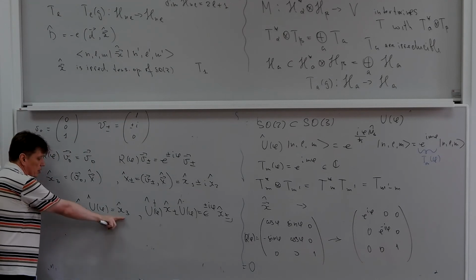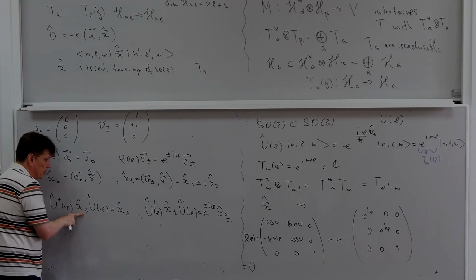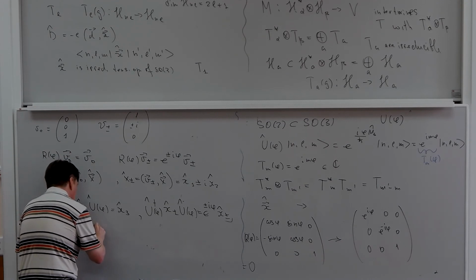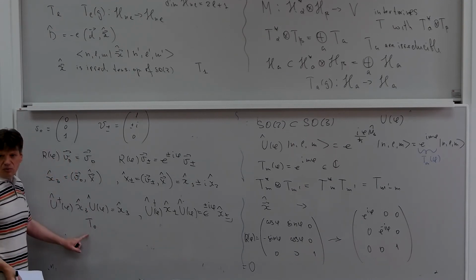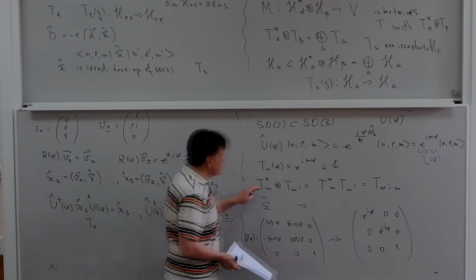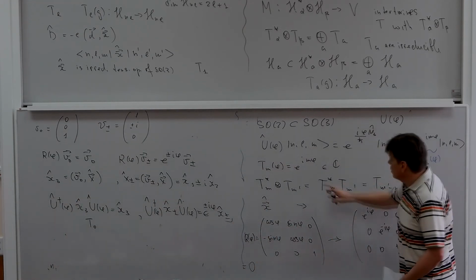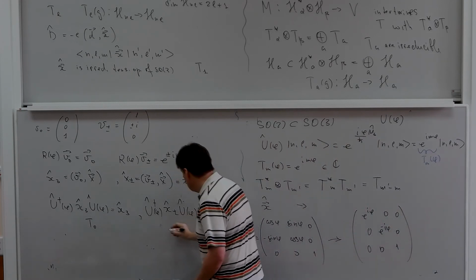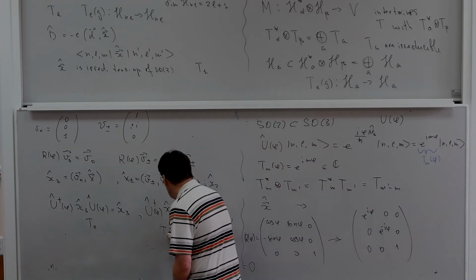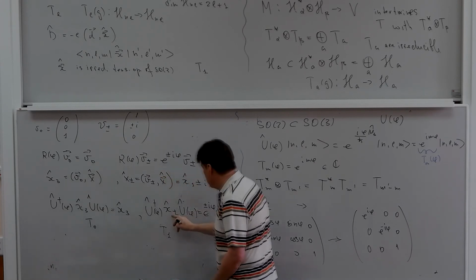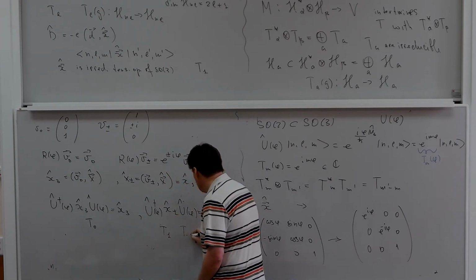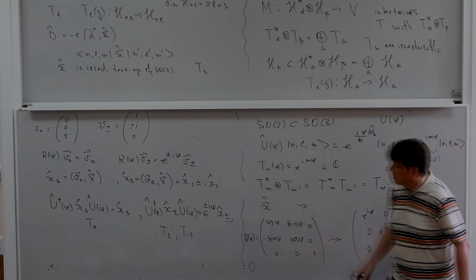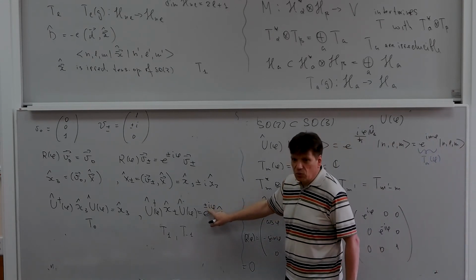So this operator x3 transforms according to the representation T_0, the trivial or unit representation of the rotation group where m is equal to 0, and T_1 for plus and T_{-1} for minus. See this? Plus minus 1.